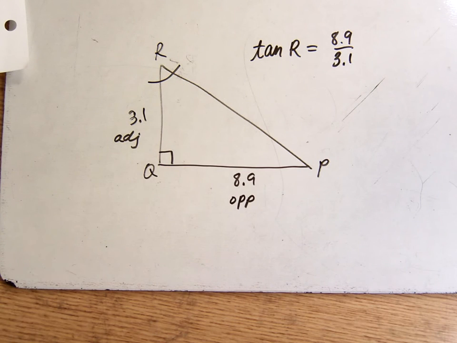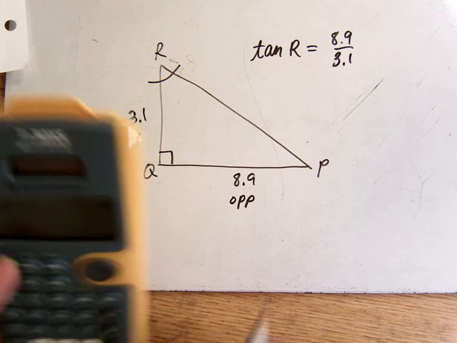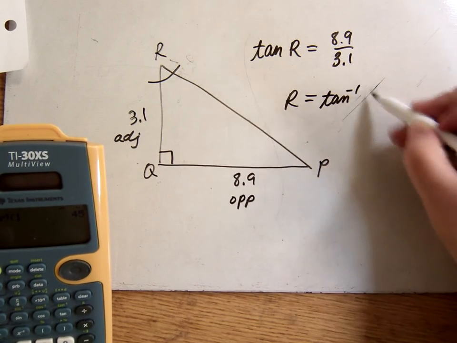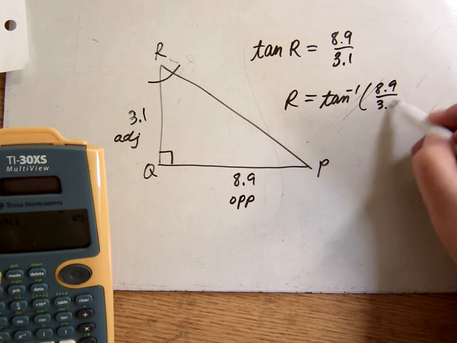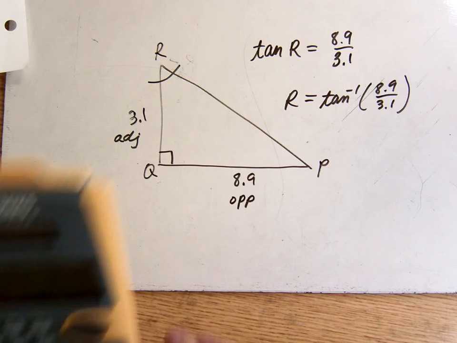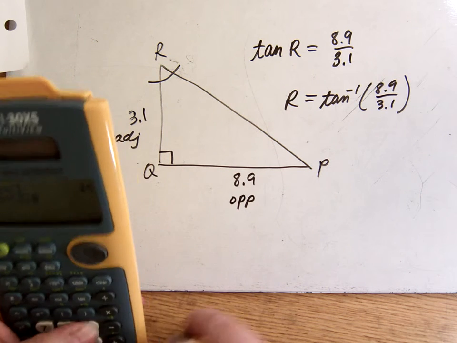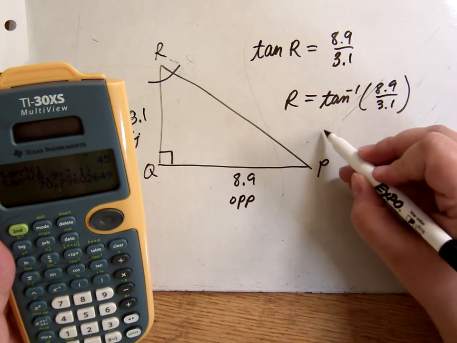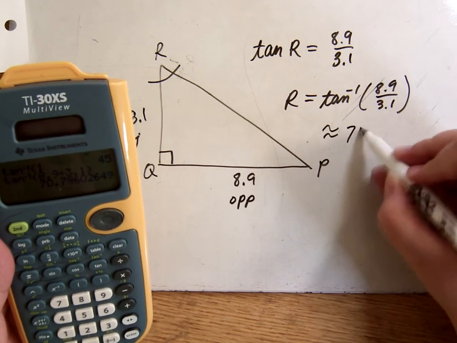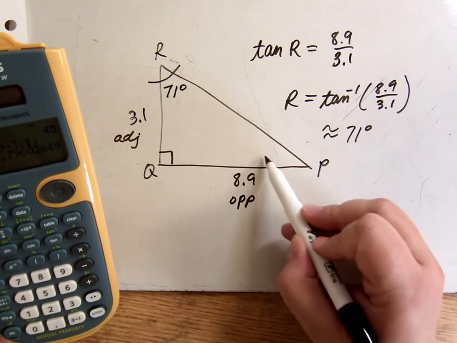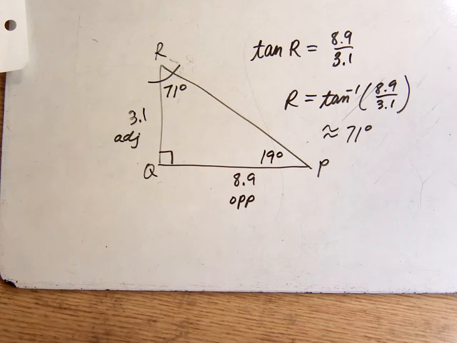So now, if I do inverse tan of 8.9 divided by 3.1, I get approximately 70.79 degrees, so about 71 degrees here. Subtract from 90, and we find that this angle is 19 degrees, and that's the answer for 13.